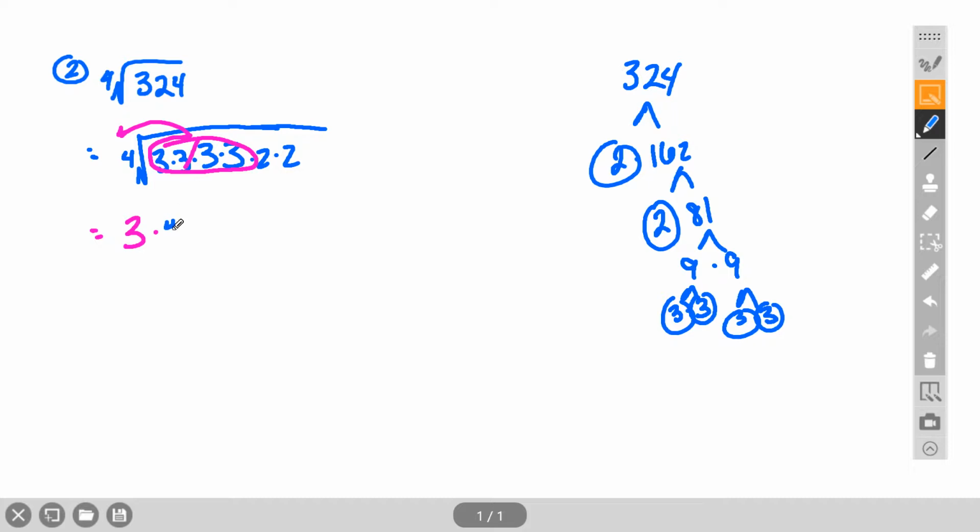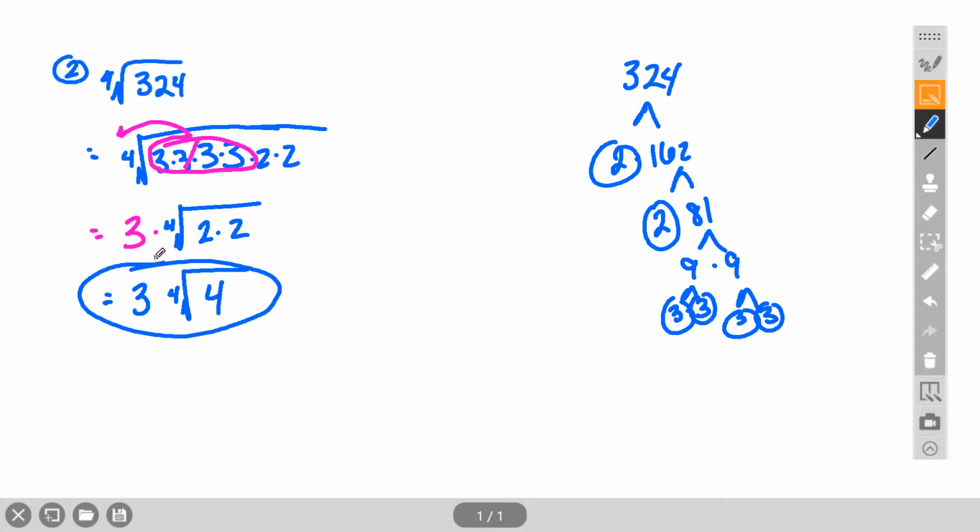Nothing else comes to the outside, so under the radical I still have 2 times 2, because only these 3's came to the outside. So this reduces to 3 times the fourth root of 4. And that would be the simplified version of the fourth root of 324.